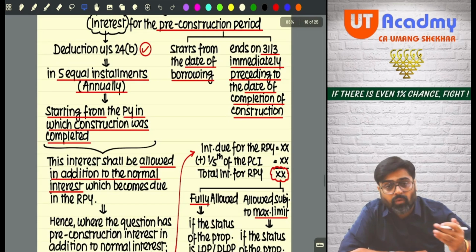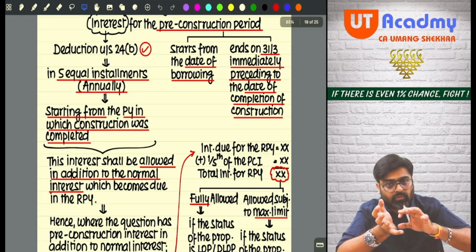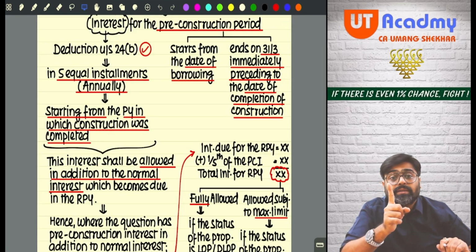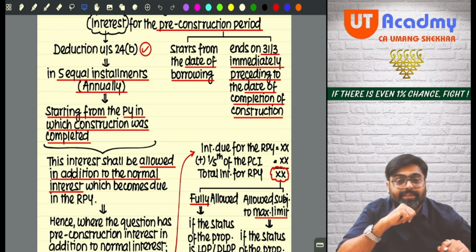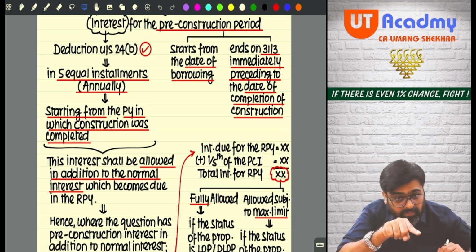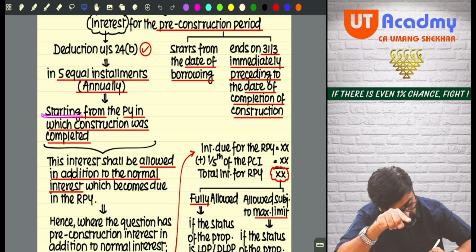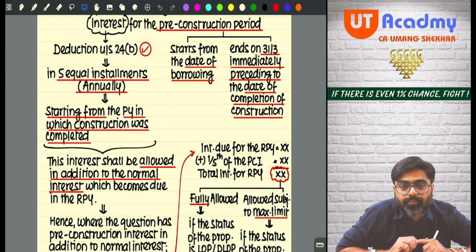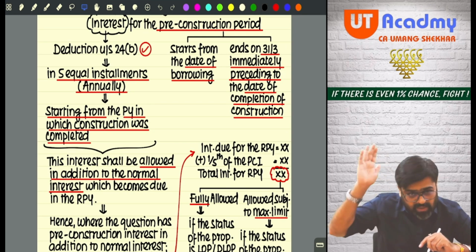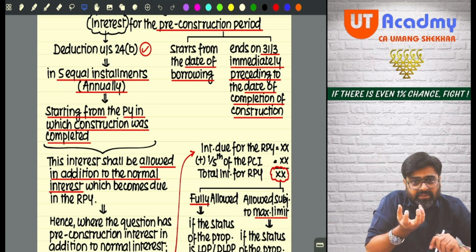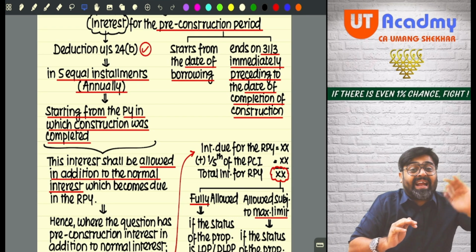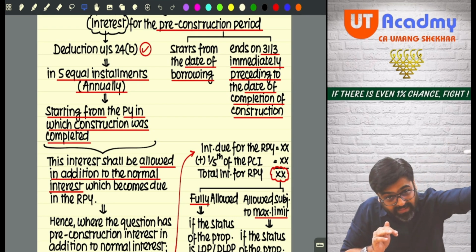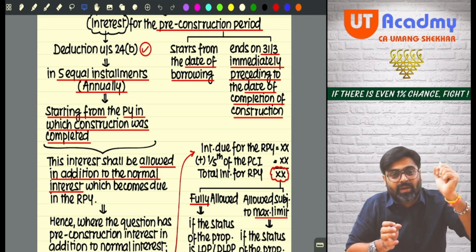Now this 5 equal annual installments, whatever interest was there will be allowed in 1/5, 1/5, 1/5. First 1/5 will be allowed in which year? First 1/5 will be allowed in the year starting from the year in which the construction was completed. And the interest which you are claiming as a pre-construction interest, 1/5 amount, this will be in addition to the normal interest becoming due in that year in which you are trying to claim 1/5.